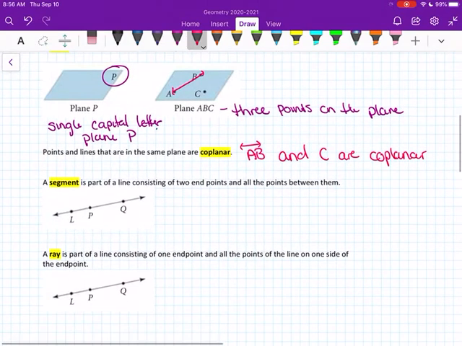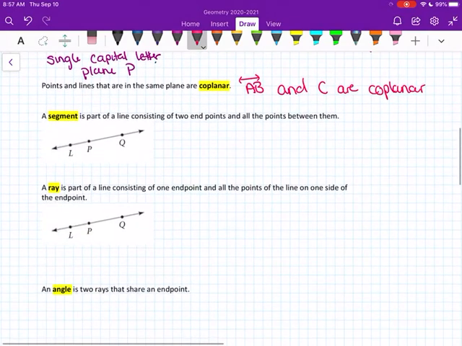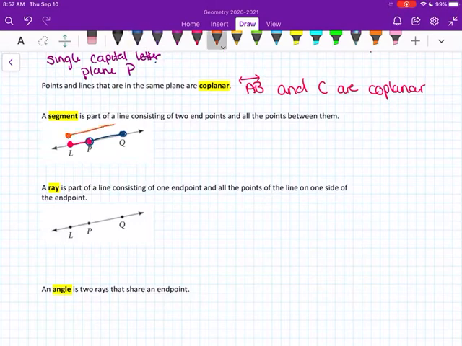All right, a segment is part of a line consisting of two endpoints and all the points between them. So a segment could be from L to P. A segment could also be from P to Q, or maybe I even go from L to Q. All of those are segments. So the first one is from L to P, and we would write that as LP with a line and no arrows above it.